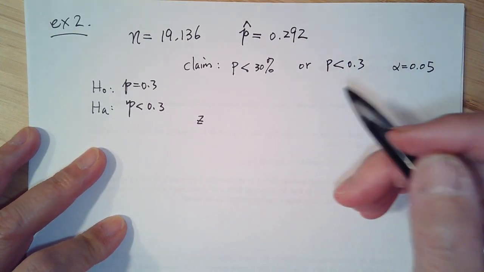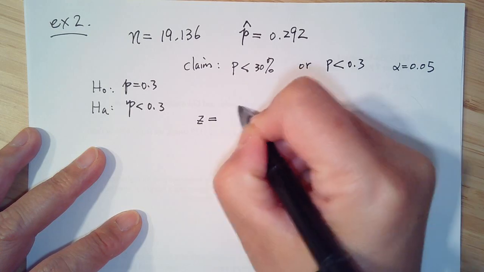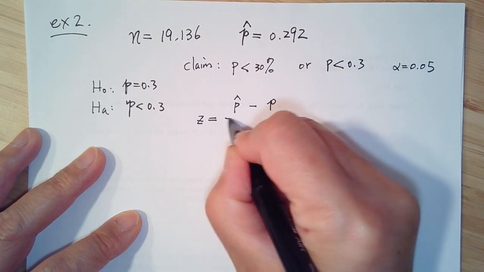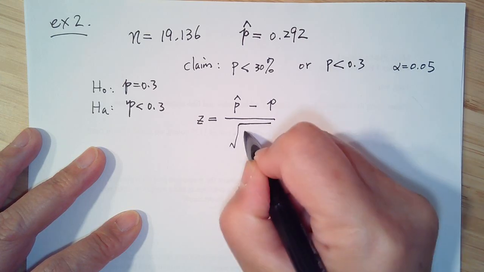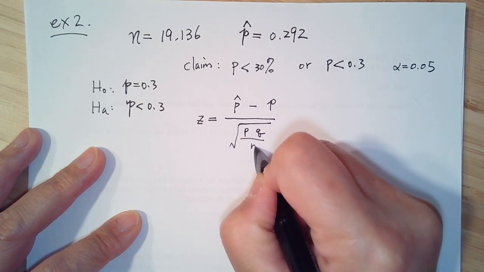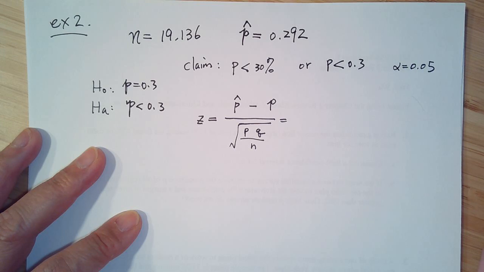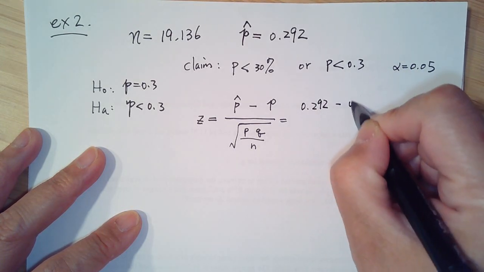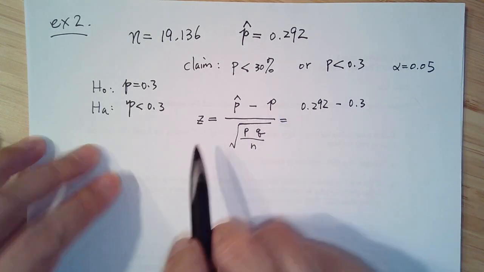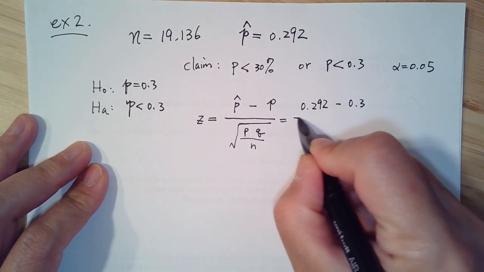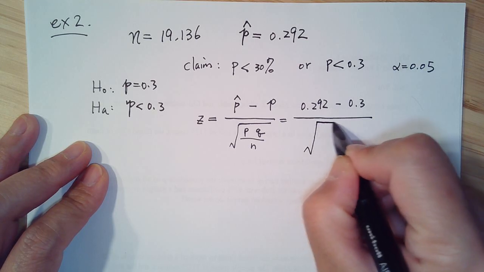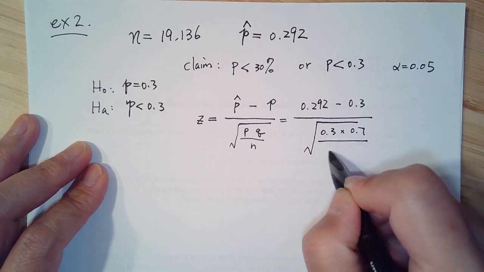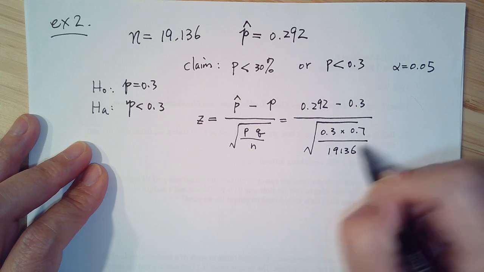Okay, so anyway, test statistic, let me just write the formula here. P hat minus p divided by the square root of pq over n, and in this case our p hat is 0.292 minus 0.3. p is the one in the null hypothesis. So here it's also 0.3 times 0.7 over 19136.